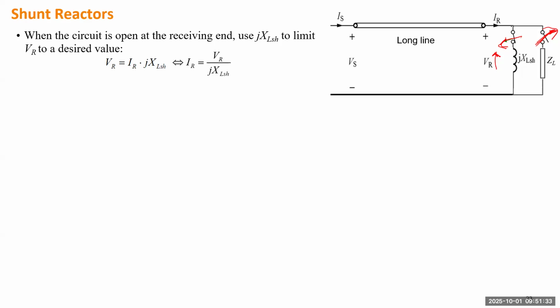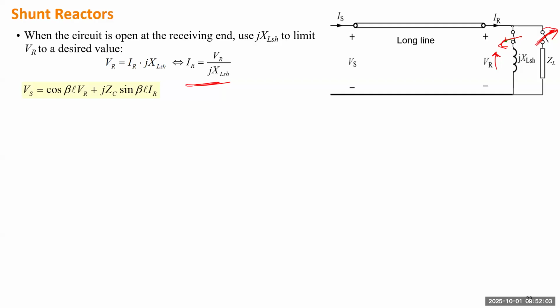So we know the line current at the receiving end now becomes just the voltage divided by the reactance of the reactor. We want to get an idea of how the voltage and the current are distributed along the line when we open the circuit and switch in the shunt reactor, and we want to see how the voltage can be limited by the shunt reactor, and how the current can change.